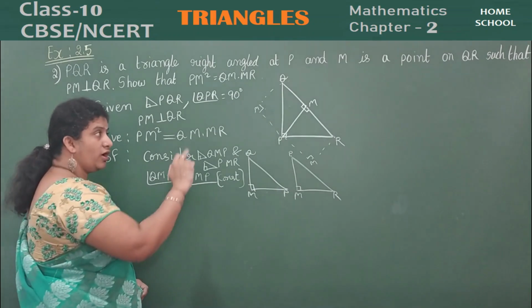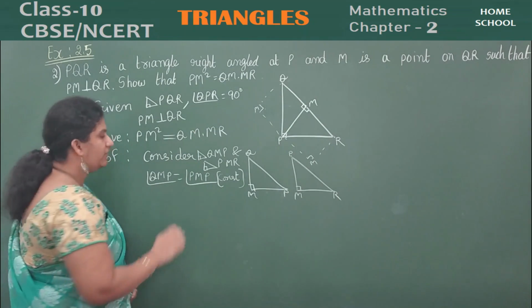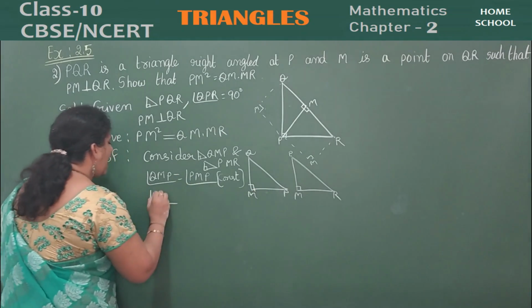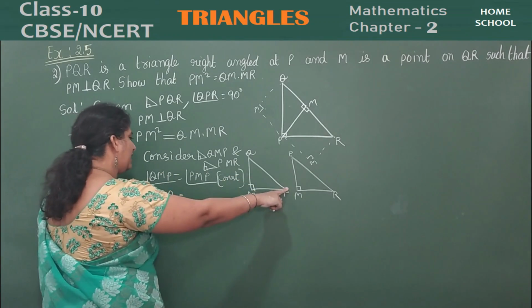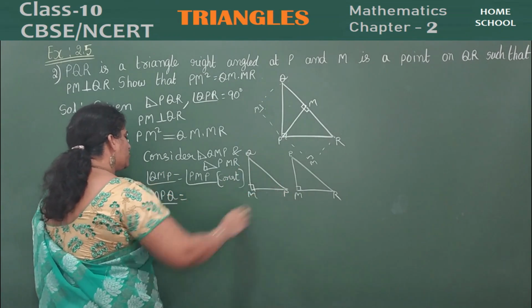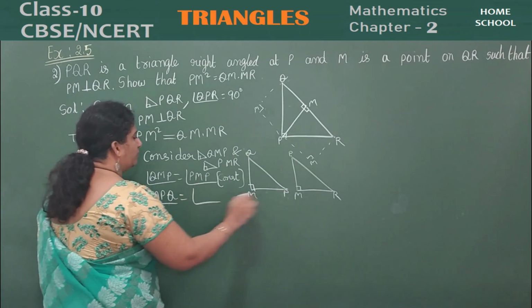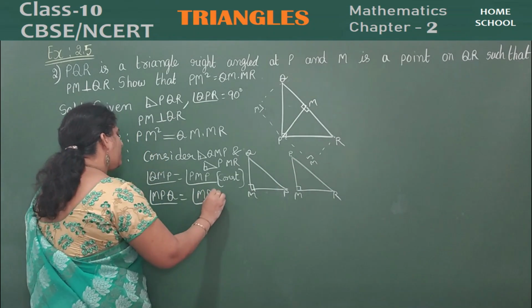Okay, I have drawn a perpendicular, or you can write it as given data also. Then next, angle P common, right? Angle MPQ. Observe carefully there. If I say angle P, these two letters also you have to say. Angle MPQ is equal to angle MPR. What's the main angle?